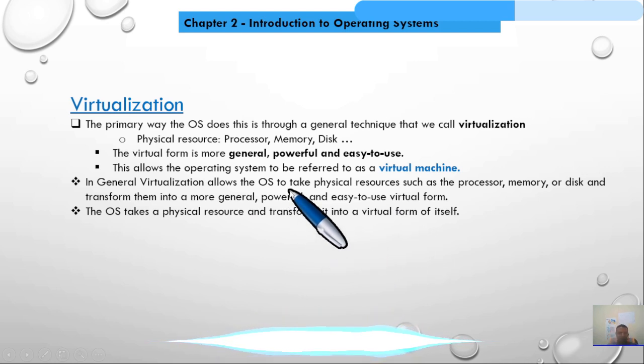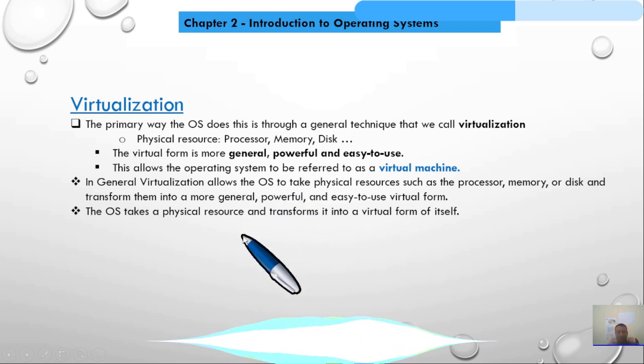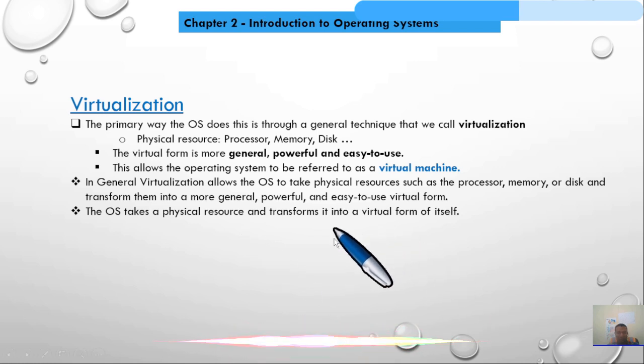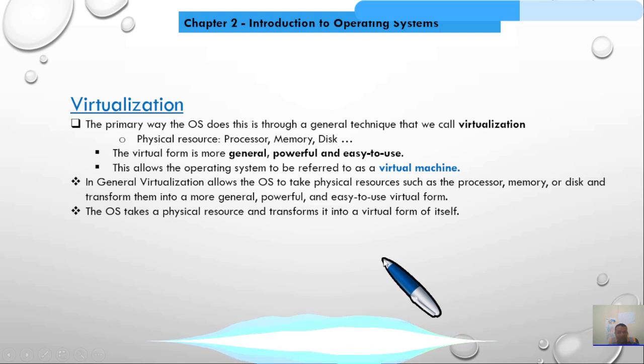For example, if you have one CPU in your laptop, the operating system makes it appear as an infinite number of CPUs.